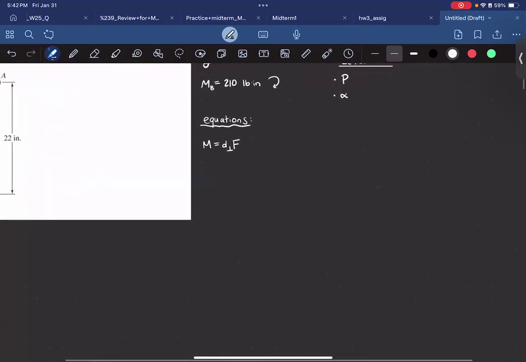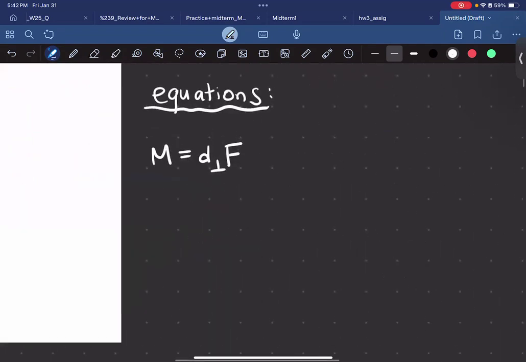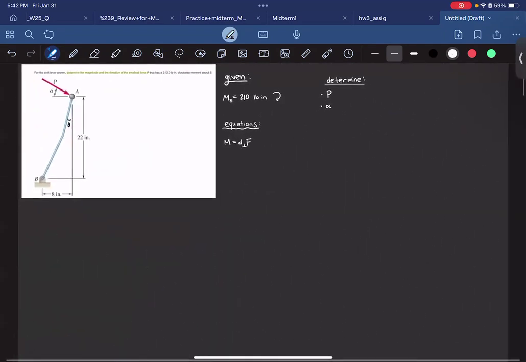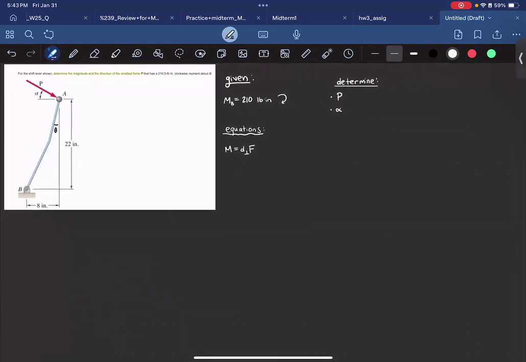And we also know that the moment for a 2D problem like this is equal to the perpendicular distance times the force, denoted with a little upside down T. So we want to know what the minimum force is for P. And the way we can do that is by getting its perpendicular distance, because any force that isn't perpendicular will be greater.